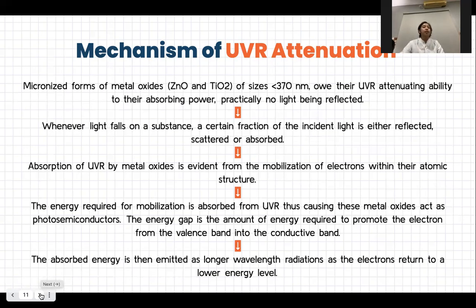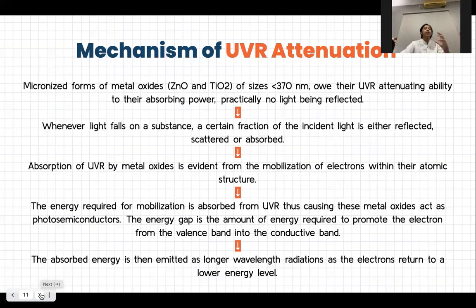The absorption of UVR by metal oxides is evident from the mobilization of electrons within their atomic structure. The energy required for mobilization is absorbed from UVR, causing the metal oxide to act as a photo semiconductor. The energy gap is the amount of energy required to promote the electron from the valence band into the conductive band.